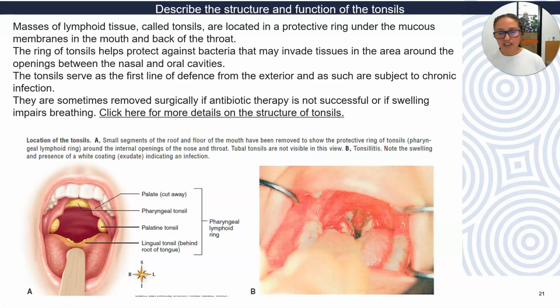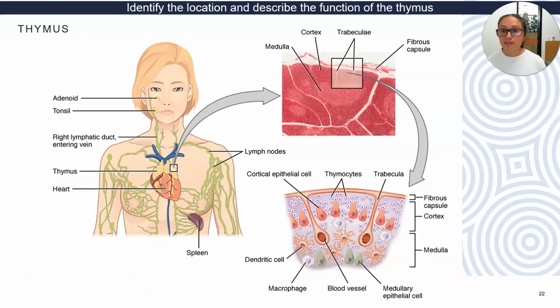Now, lymphatic tissue really is just a collection of white blood cells living in a certain spot, okay, fundamentally. So we have white blood cell bases around our body in case we need them at that location. And this is one white blood cell base. The thymus.